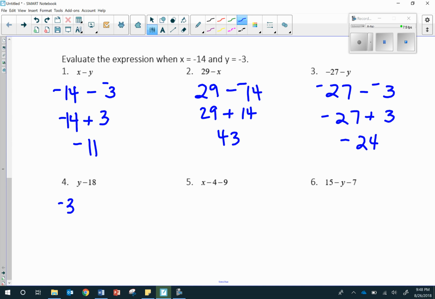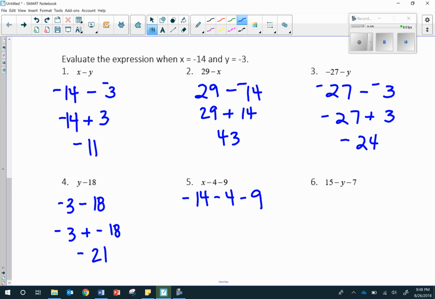Negative 3 minus 18. Negative 3 plus negative 18. In this case, we end up with negative 21. Negative 14 minus 4, minus 9.